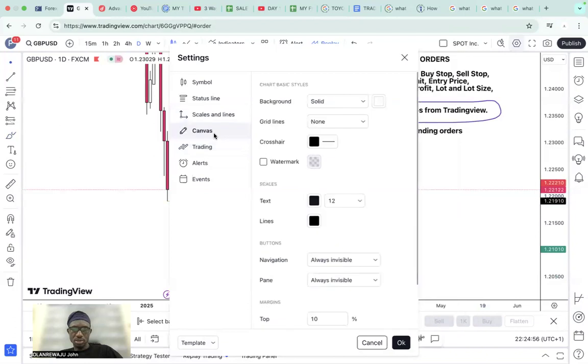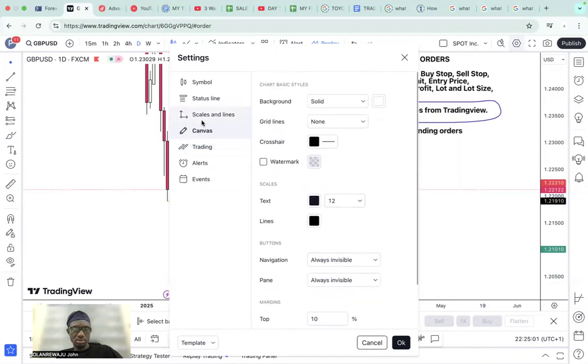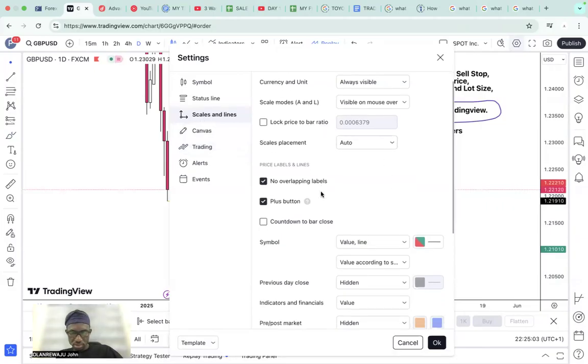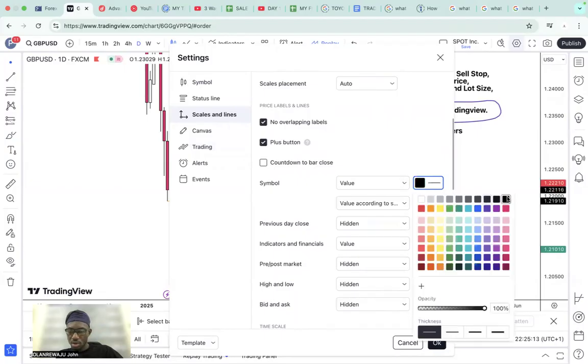Where do I change this? Symbol. Line, color, black, red.